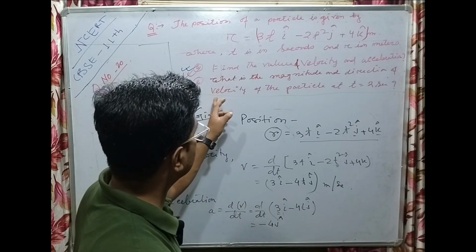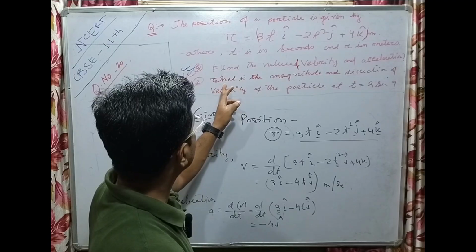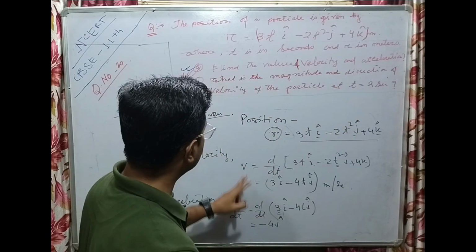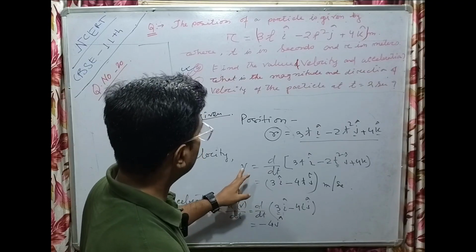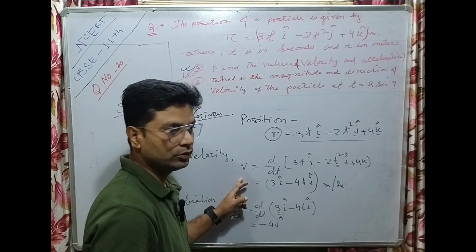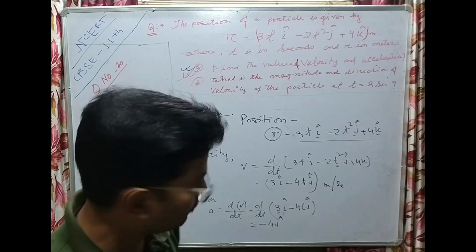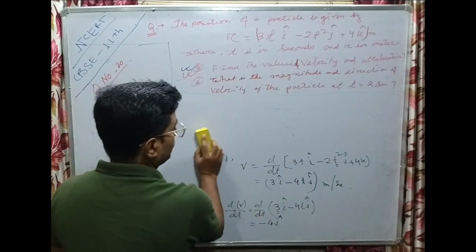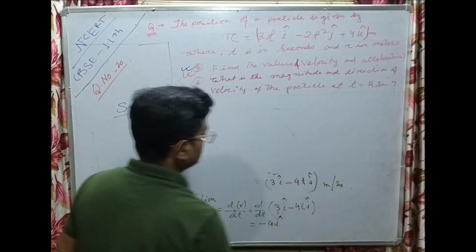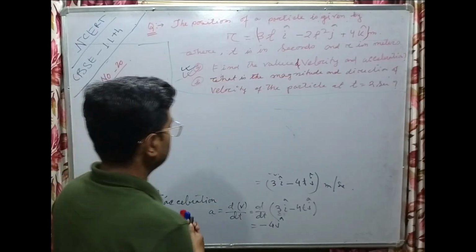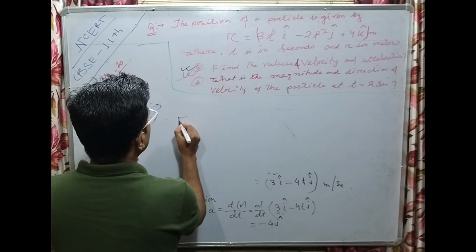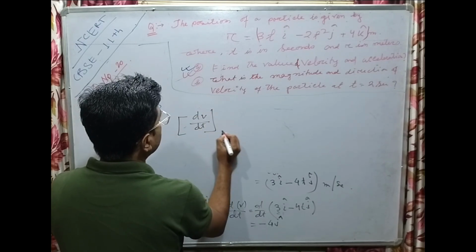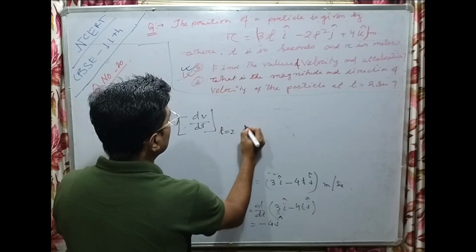Now another question is, when time is 2 seconds, what will be the velocity, and what will be the magnitude of the velocity? Now I am going to calculate that. Students, v at t is equal to 2.